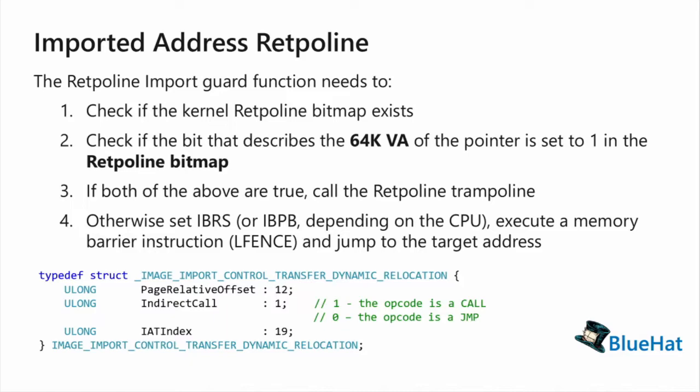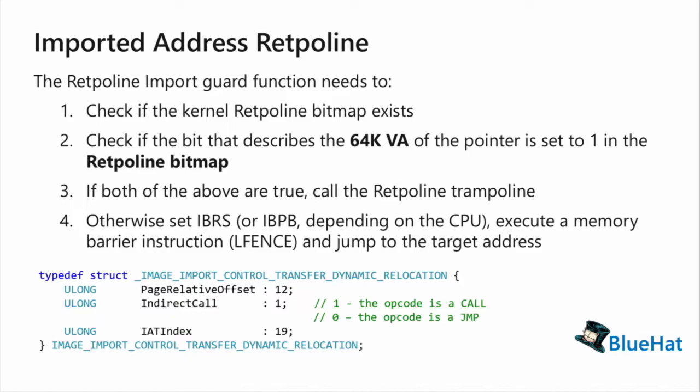An important thing to say here is that the Retpoline guard function needs to do a few simple things. First, check a bitmap, because in the NT kernel we track every section of the driver that is compatible or not with Retpoline. That bitmap has 1 bit set to 1 if a 64K VA range is Retpoline compiled. If the bitmap exists and has a 1 at the particular point, it means that the target is Retpoline compatible.